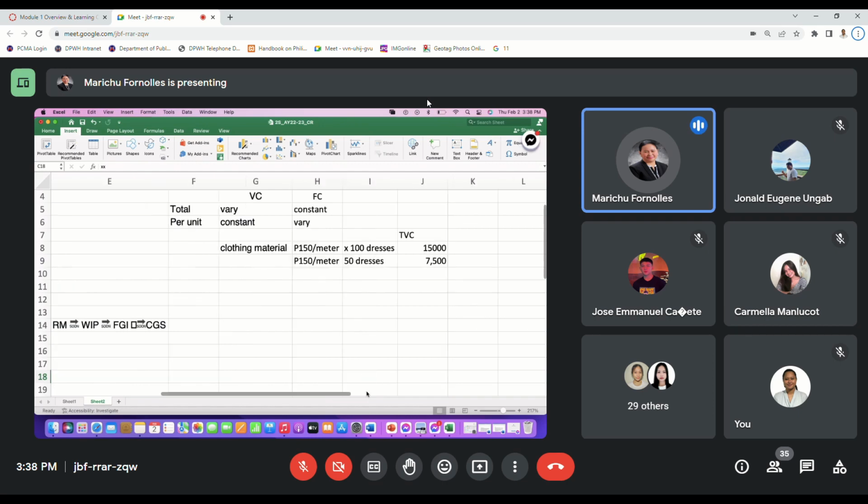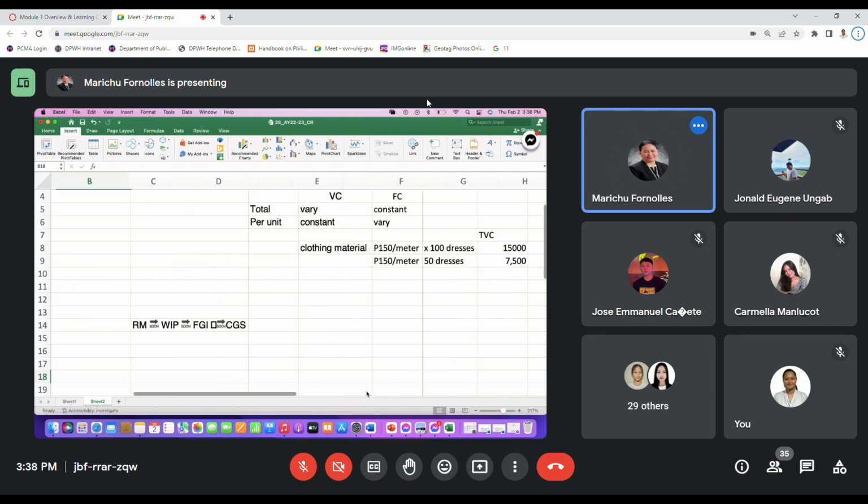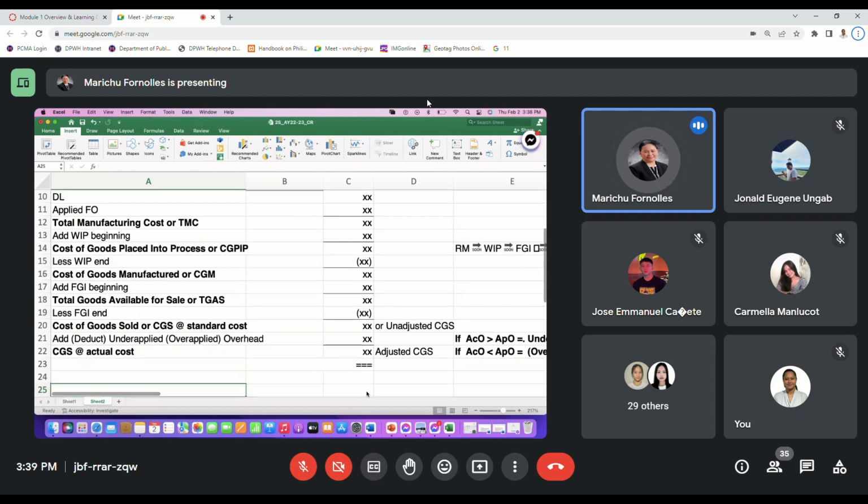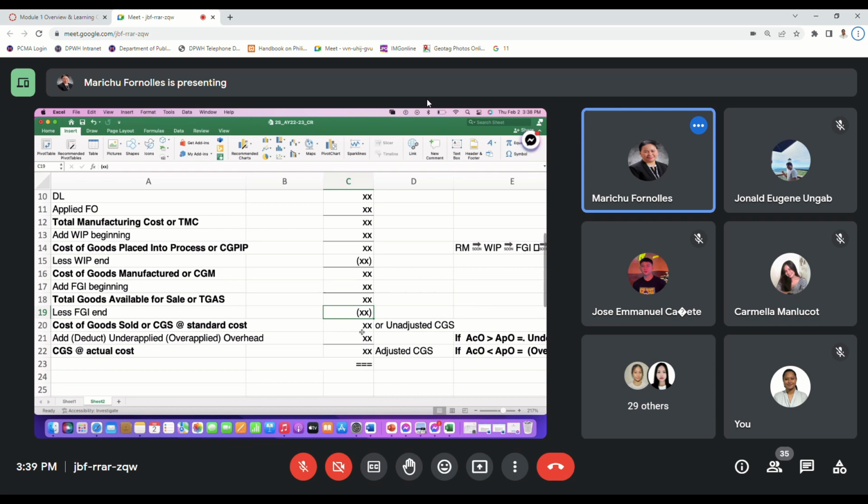Then minus your finished goods inventory end equals your unadjusted cost of goods sold for the period, otherwise known as cost of goods sold at standard cost.